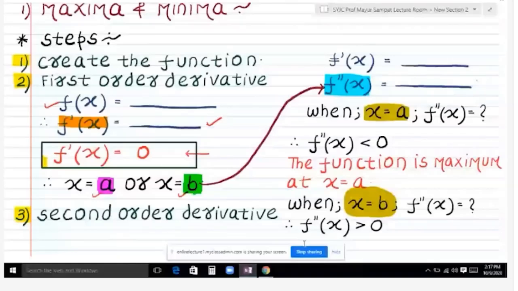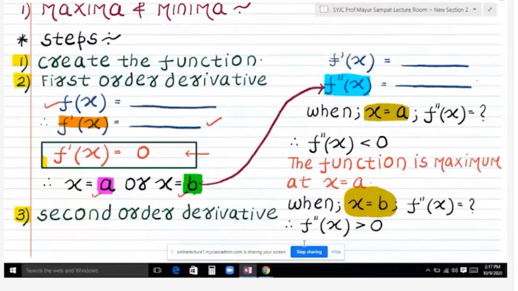For solving the sums of maxima and minima, we learned that we require the function. बराबर है कि नहीं? अगर फंक्शन दिया हुआ है तो इट इज वेल एंड गुड, और इन केस अगर फंक्शन नहीं दिया है तो you will have to create the function, and after creating the function, you have to start solving the sum by finding the value of the first order derivative.